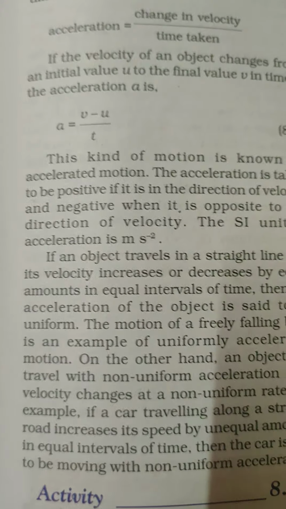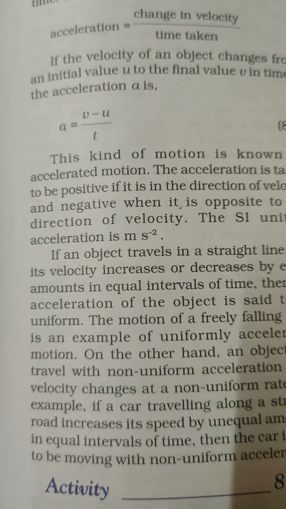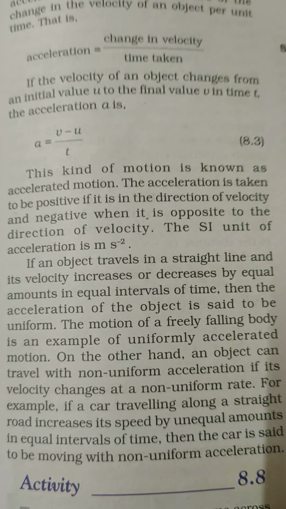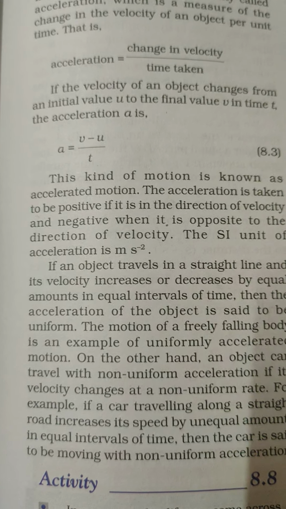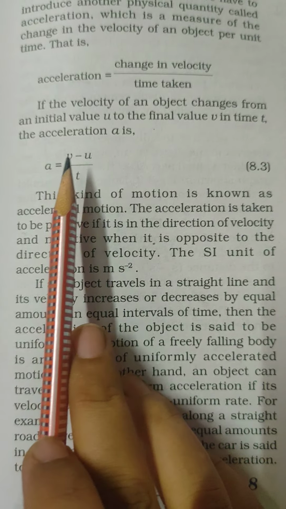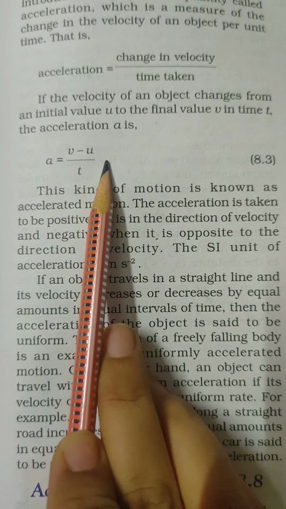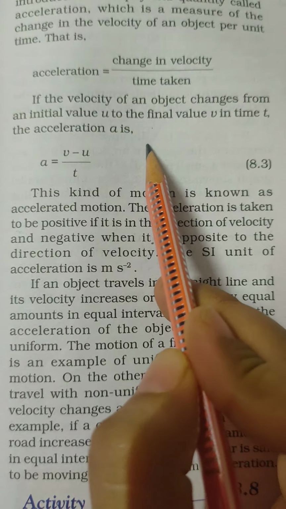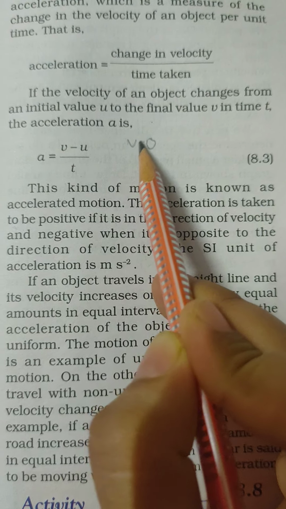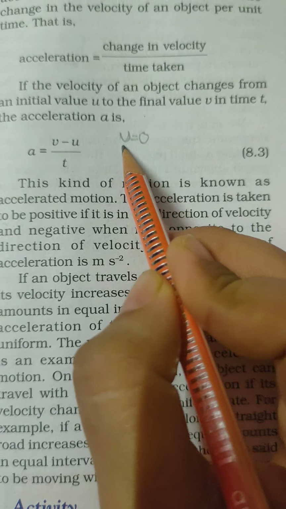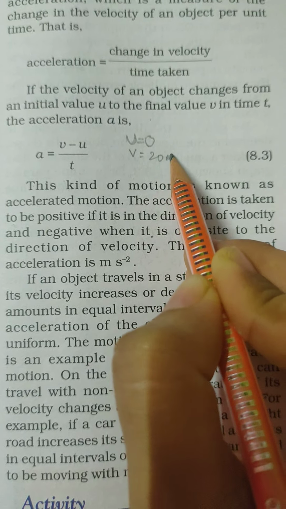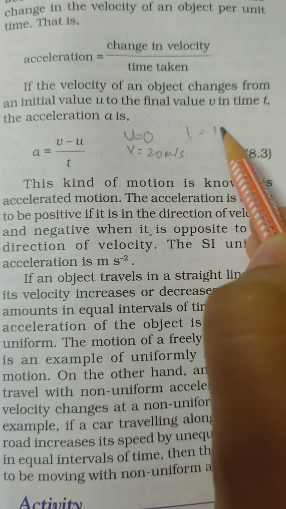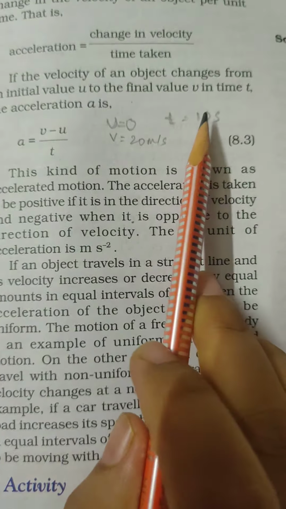That means you started from a zero speed and you reached a speed of 20 meter per second. If I'm asking you what is the change in your velocity, you'll tell me final velocity minus initial velocity divided by t, time. In the example I'm giving you, you are starting from zero, that means u is equal to 0, and you have attained a velocity of 20 meter per second in 10 seconds of time.